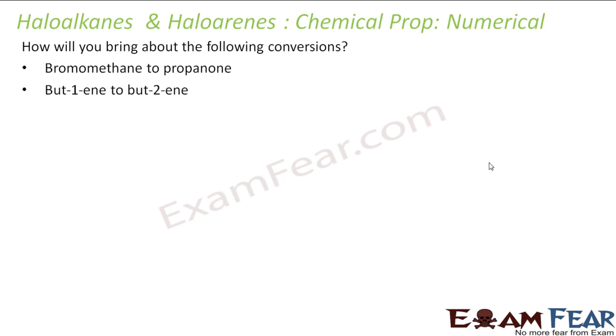So let's see, from bromomethane we have to create propanone. So this is my bromomethane, CH3Br. From this I have to create propanone, CH3, C double bond O, CH3. In this case, you see, we are increasing the number of carbons, right? So first you can create this Grignard reagent, MgBr, and then we can react with CH3CHO.